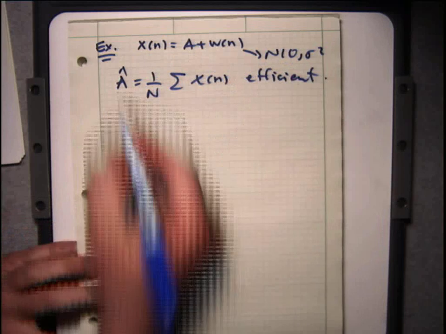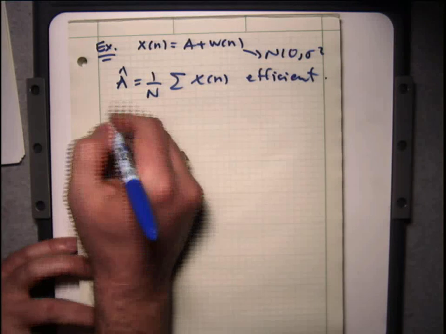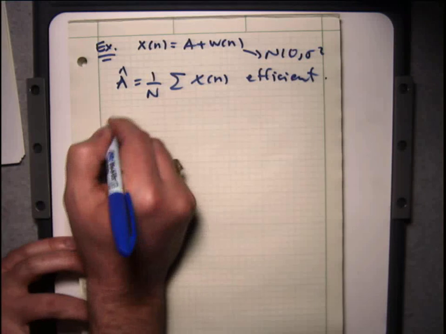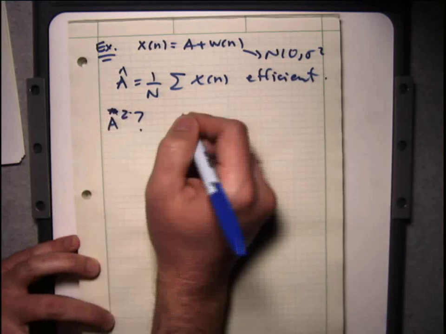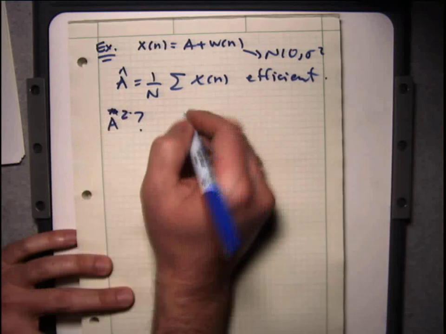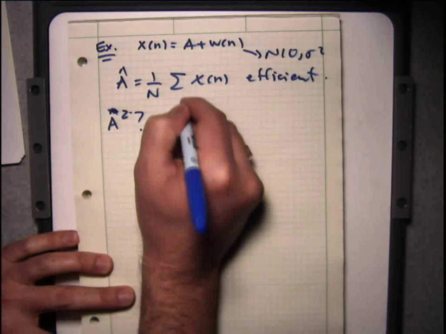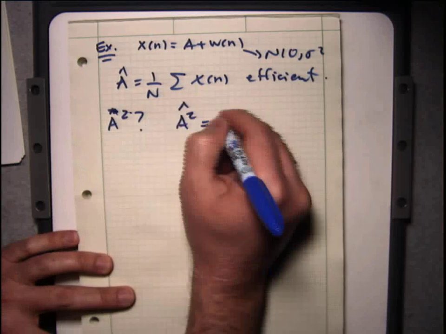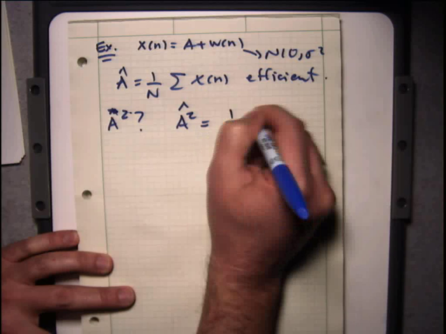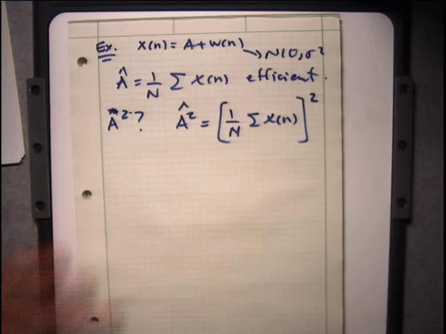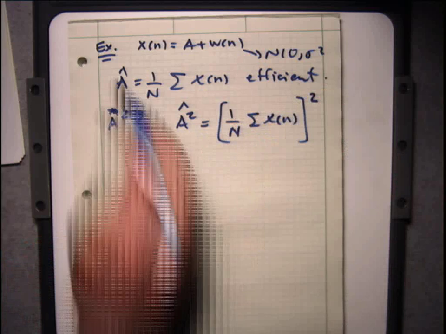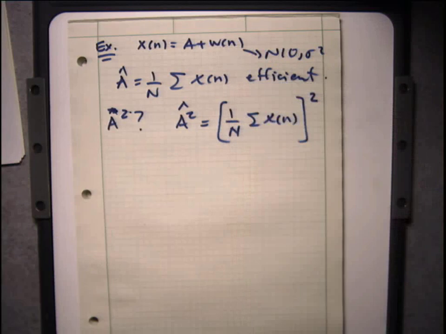What if, instead of a, I want to estimate a squared? Suppose I say a squared hat is 1 over n sum of x of n, and then this whole thing squared. I just take this estimator, plug it in here and square it, and say that's my estimator.